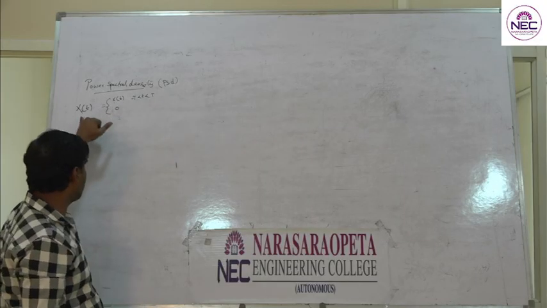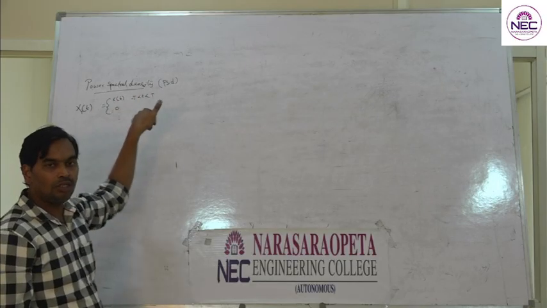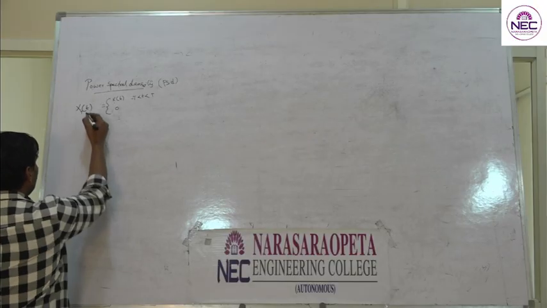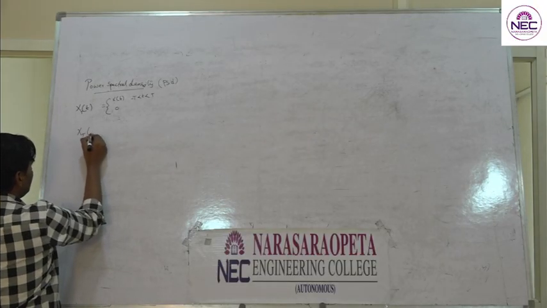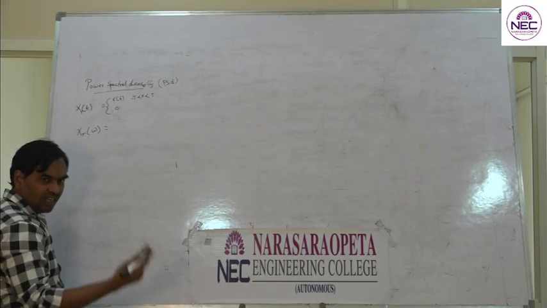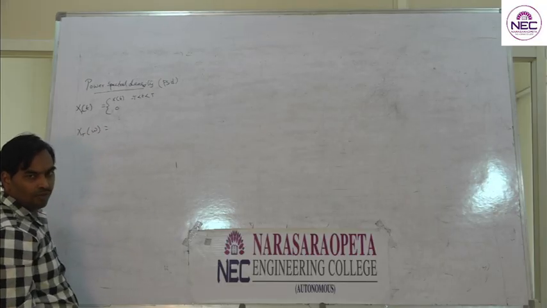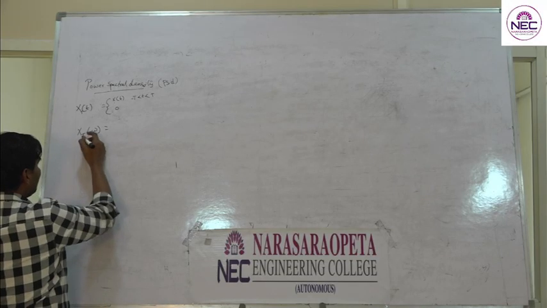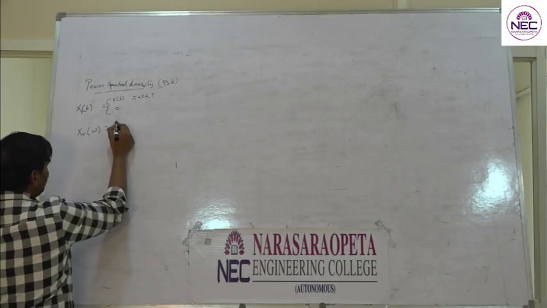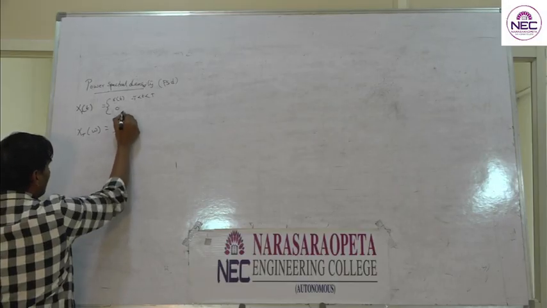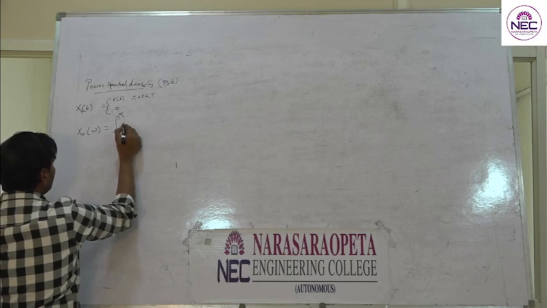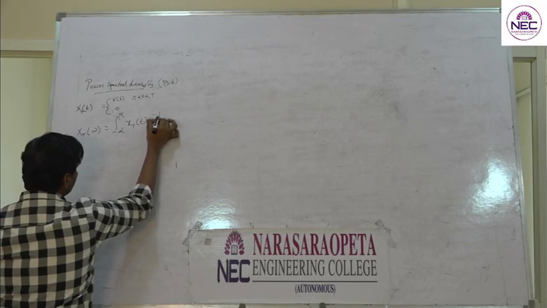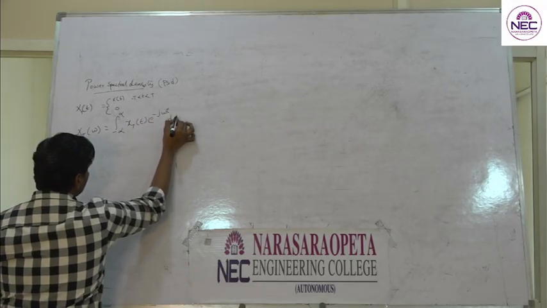Now I am going to consider the Fourier transform of x_T of t, which can be given as X_T of omega, equal to integral from minus infinity to infinity of x_T of t e power minus j omega t dt.